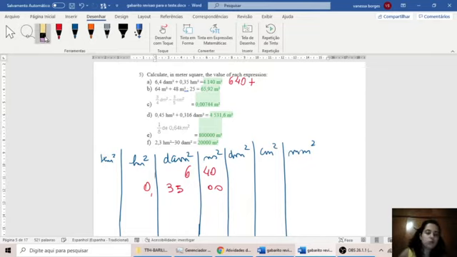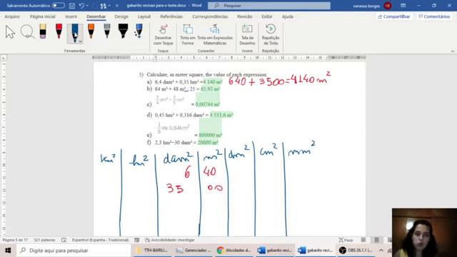Okay, I erase this one, and then I have 3,500. And if you add both, you are going to have 4,140 meters square, right?